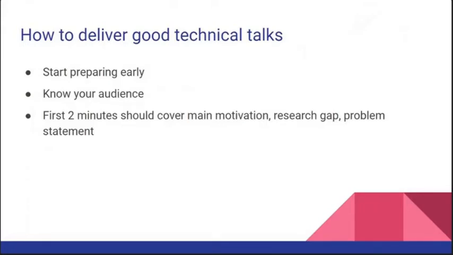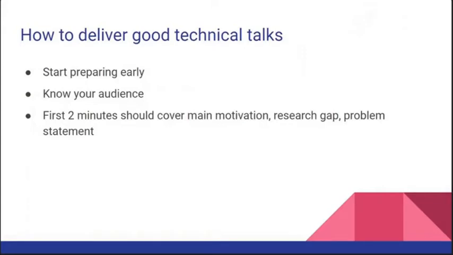Next, you try to identify the research gap. In your paper, you would have written the literature survey, or what existing people have done to solve that particular problem. Then you have to critique it.